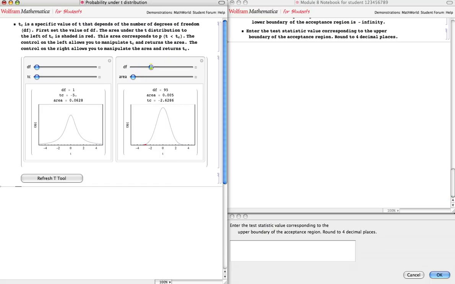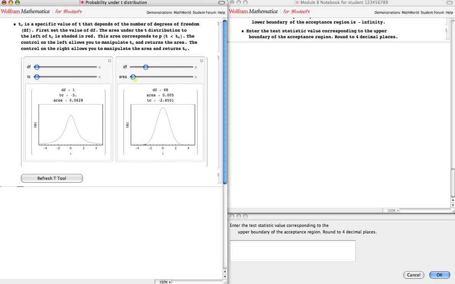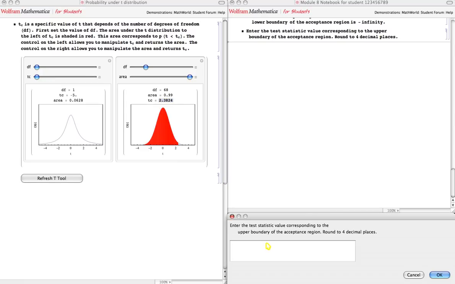So I'm going to change this to 68. And the area such that 99% of the scores are in the shaded region, and that is my critical value, rounded to 4 decimal places.